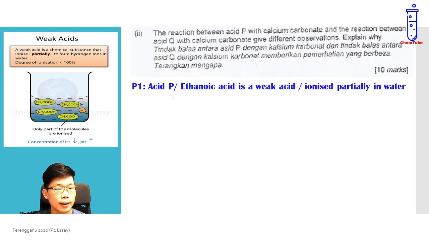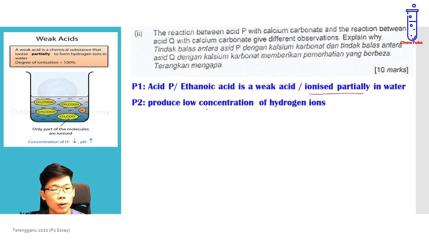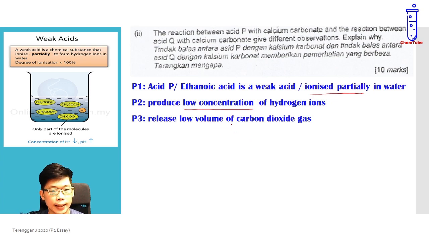Point number 1: acid P, or ethanoic acid, is a weak acid that ionizes partially in water to produce a low concentration of hydrogen ions. Then it releases a low volume of carbon dioxide gas, so a lower rate of reaction, so it takes longer time to turn the lime water chalky.